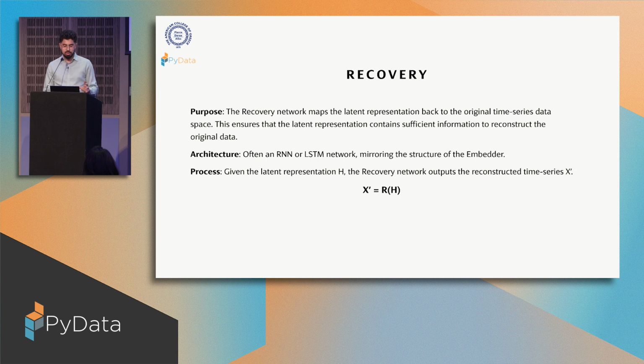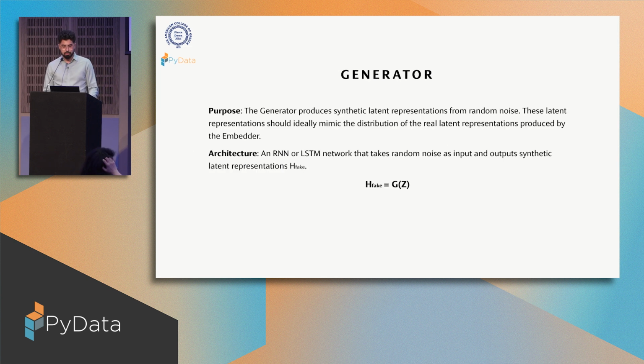This ensures that the latent representation contains sufficient information to reconstruct the original data. The architecture is again RNN or LSTM, but it has to mirror the structure of the embedder because both of them form the autoencoder. So if we use RNN in the first place, we use RNN in the second place also. Given the latent representation H, the recovery network outputs the reconstructed time series X tilde.